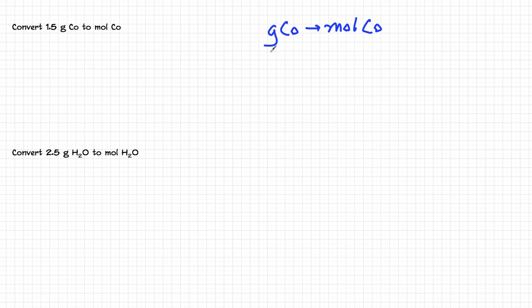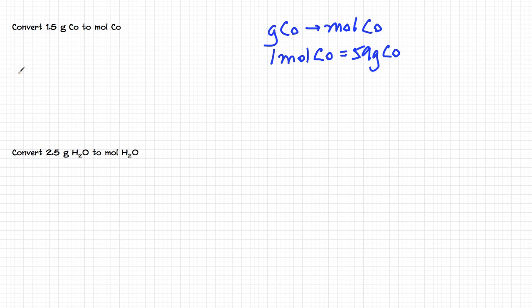And we know that for every 1 mole of cobalt, we're going to get 59 grams of cobalt. And the 59 grams, of course, is the atomic mass of cobalt off the periodic table.